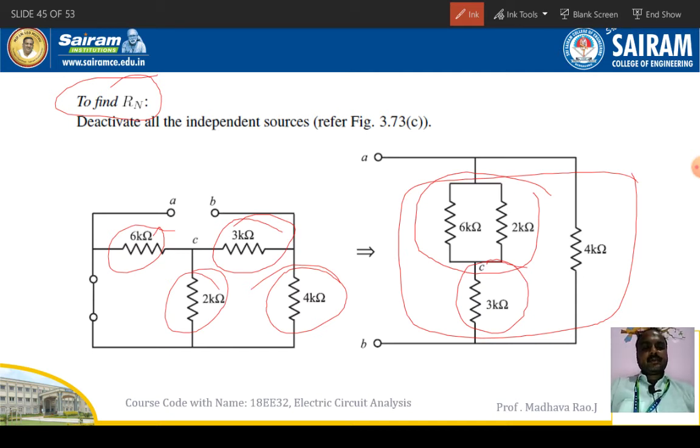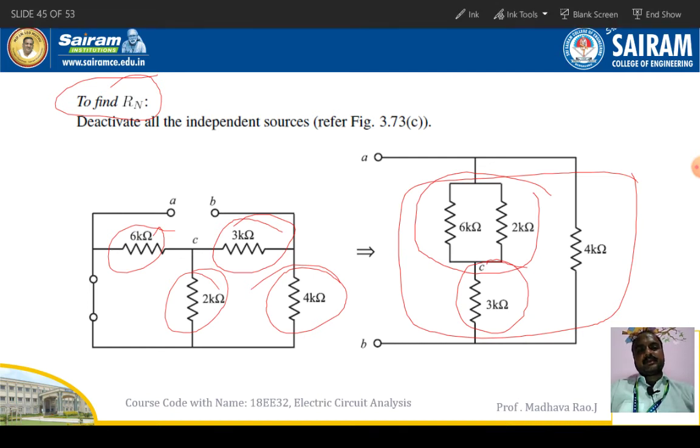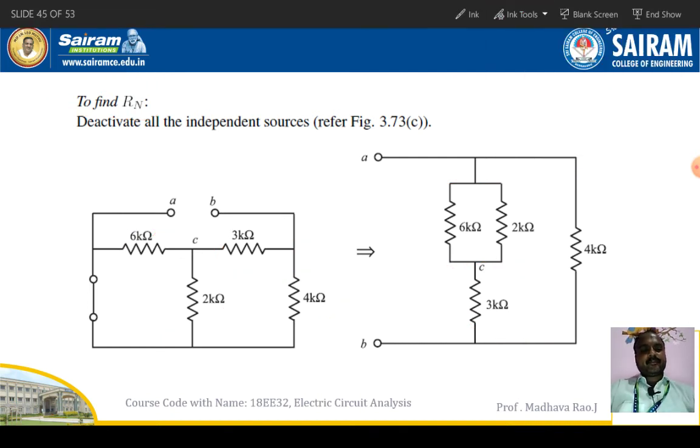So 6 kilo ohm and 2 kilo ohm we make a single resistor, then these two will be in series, then the entire thing will be parallel to 4 kilo ohm. Like that we have to find the Norton's equivalent resistance Rn.